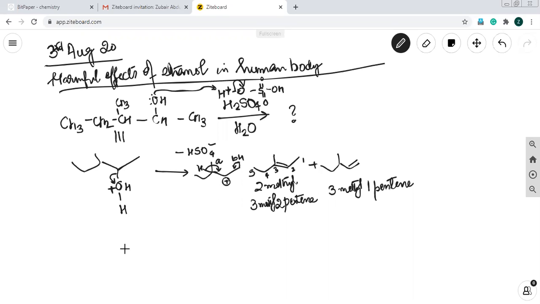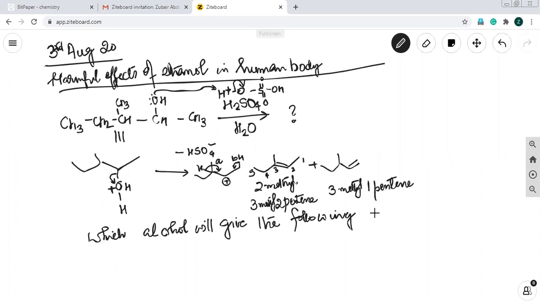Now look at another reaction. Which alcohol will give the following alkenes? I'm giving you the alkene, number 1 and number 2.